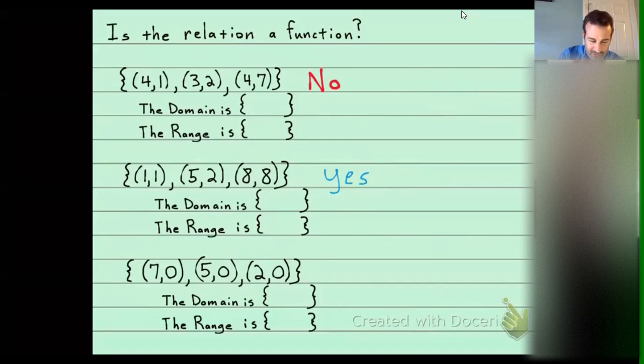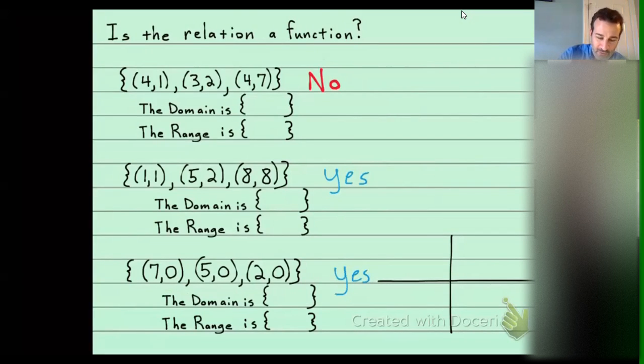Is that a function? Yes. I heard one brave yes. What do you think? How do you know just from looking at it though? Well, you'd ask yourself, do I have the same x with 2 different y's?